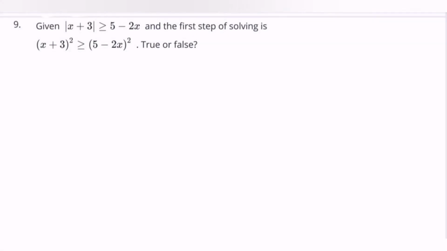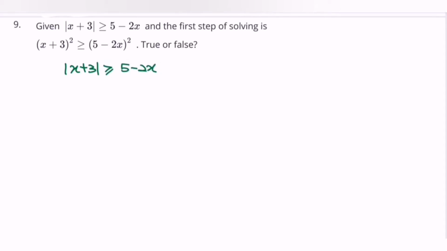For question number 9, we have the modulus of x plus 3 greater than or equal to 5 minus 2x. The question said the first step of solving this question is to square both sides. True or false? For this case, we are not allowed to square both sides because for the left hand side, the value is always positive, but for the right hand side, the value is not always positive.